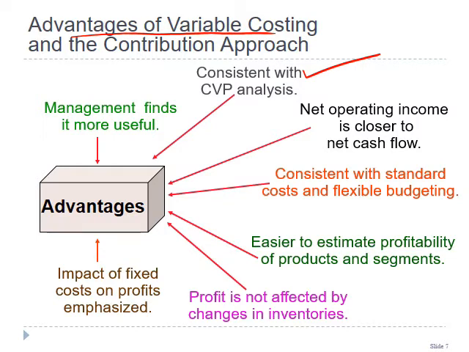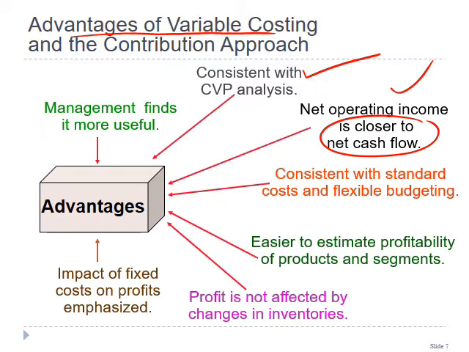With variable costing, you do not have to do this kind of stuff. Plus, net operating income is closer to net cash flows. That is very nice because you are not deferring the cost to the next period. So that's why your net operating income is equal or very close to net cash flows. Plus, managers often assume that unit product cost is the variable cost under variable costing.